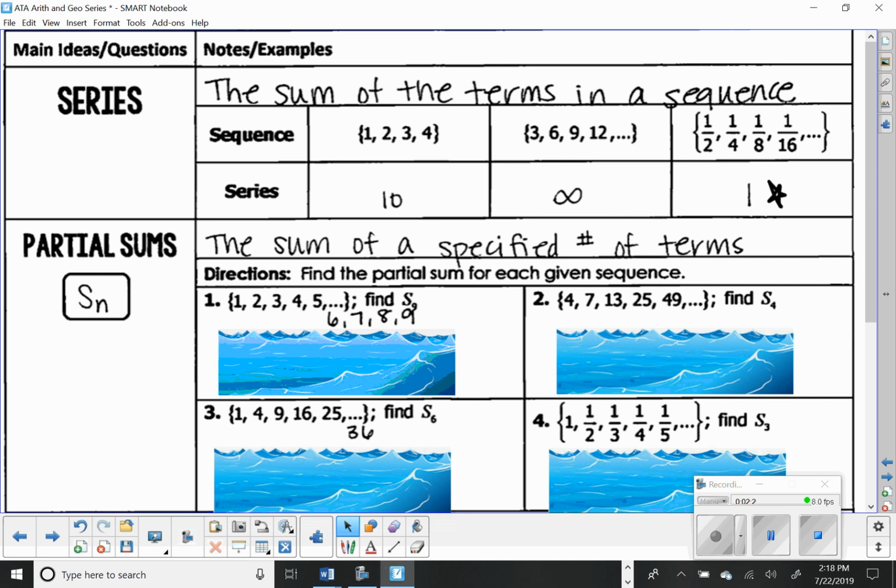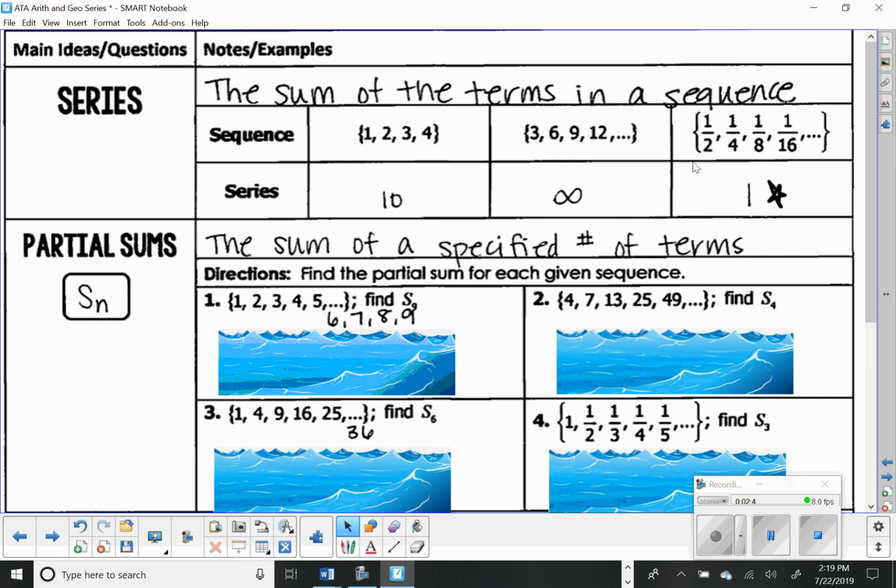Now, we're going to start by looking at partial sums. A partial sum is S sub n, the sum of a specified number of terms. You can start with the first term and add the first 10 terms, or you could add terms 3 through 7. You don't always have to start at the beginning.